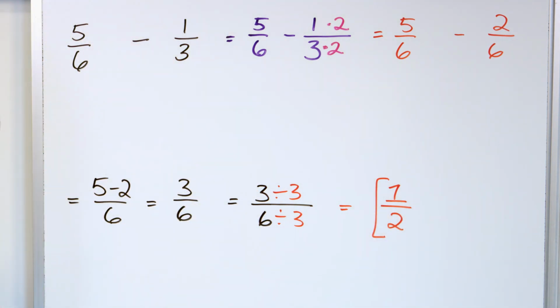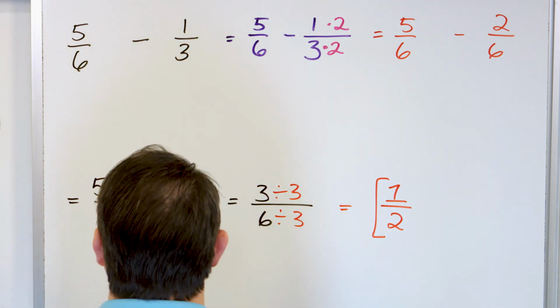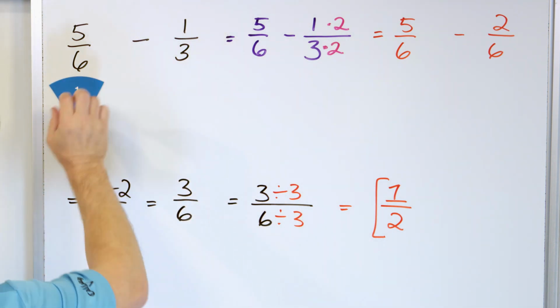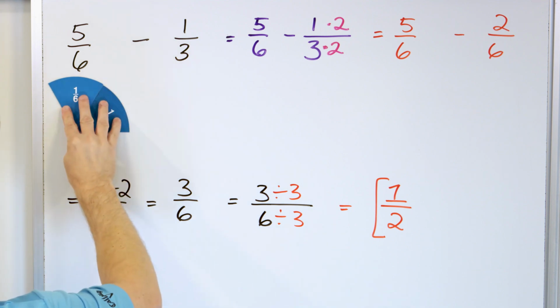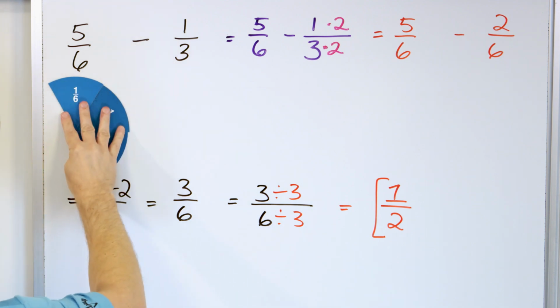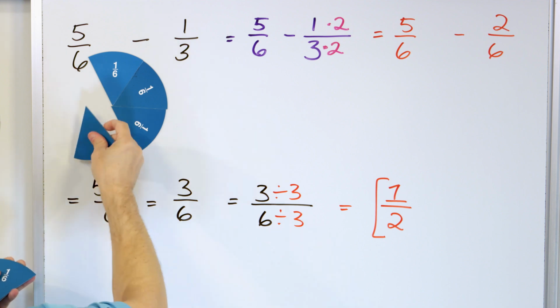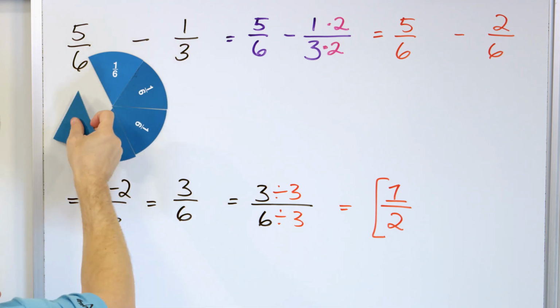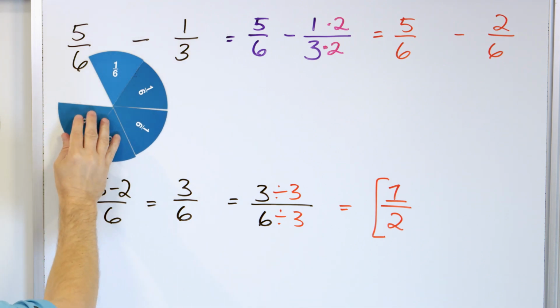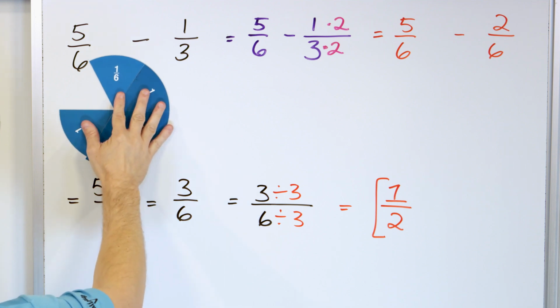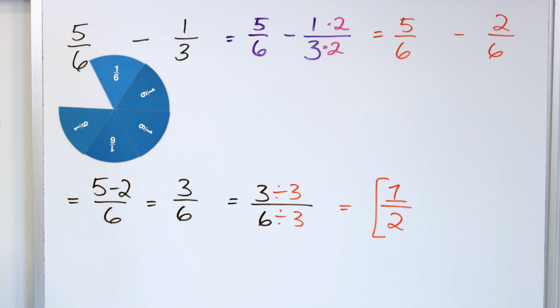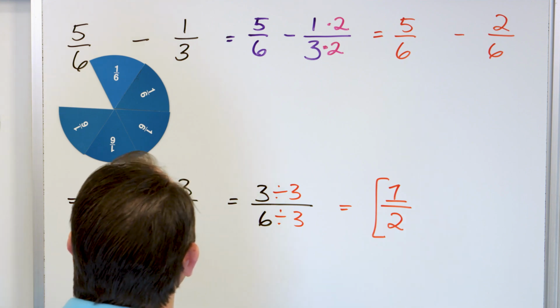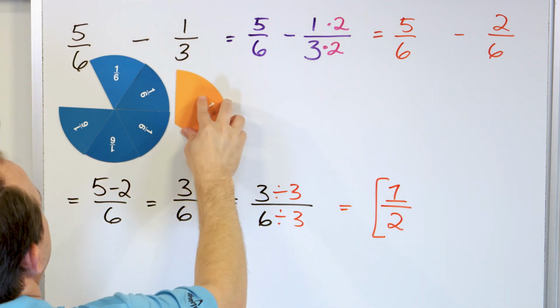Now let's see if this actually does make any sense. So here we have 1/5, then 2/5, then 3/5, I guess I'll push it over here, and then 4/5 right here, and then 5/5 right here. So this is the initial amount of pizza that we started with right here, 5/6. Now we're taking away 1/3, which is this amount.